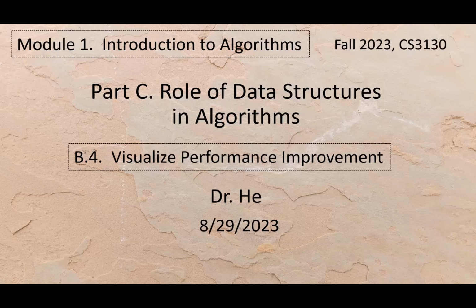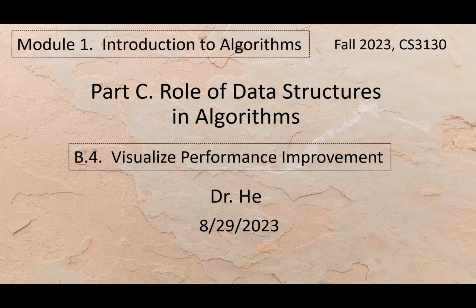We know our Horner's rule is much better than the brute force method. Well, how much better? Do you have an idea? Nobody has a clear idea how much better it is. Here, I try to use a concrete way to show you how big the difference is.